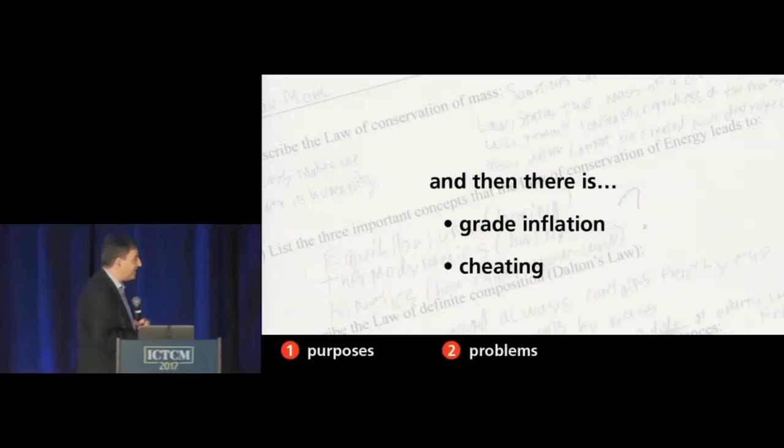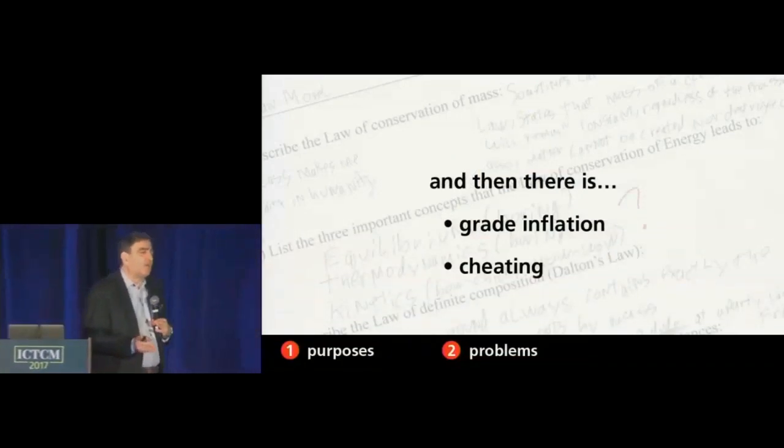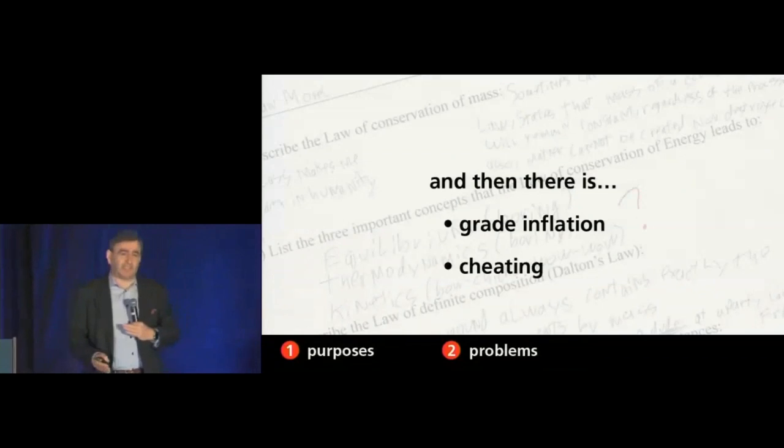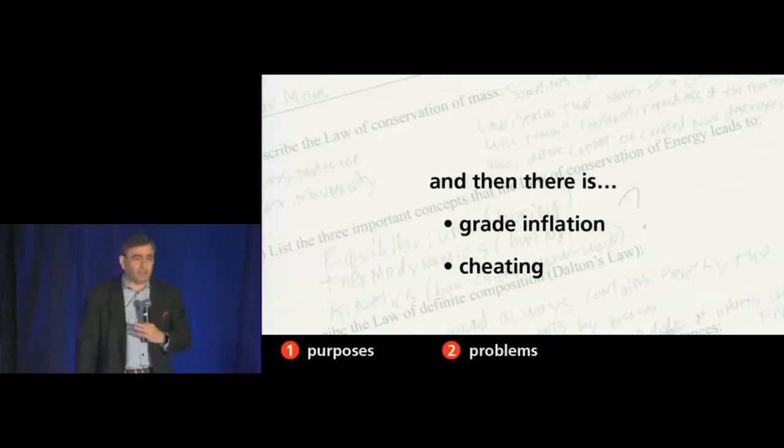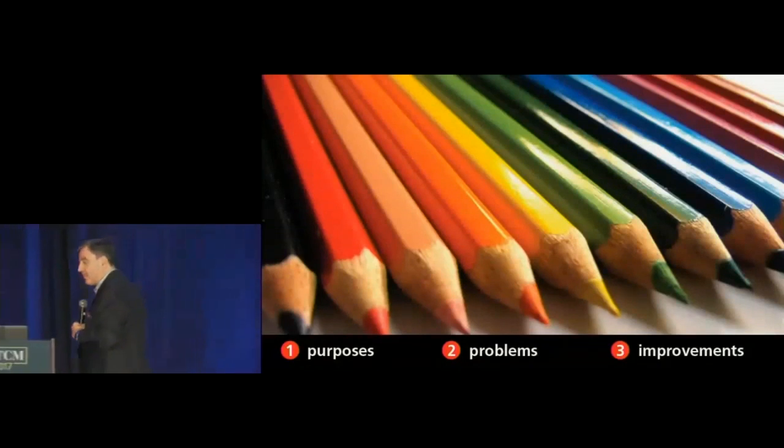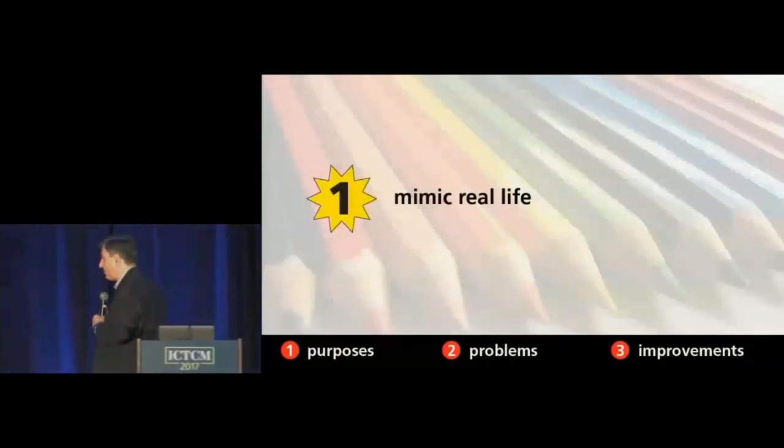And then there are other things like grade inflation, cheating. I mean, why would a learner be cheating? Have you ever seen a young child learning to tie his or her shoelaces cheat? No, of course not. You want to learn it, you do it. In fact, we kill this intrinsic desire to learn by our assessment procedures. Anyway, I have only a few minutes left, so let me quickly run you through a couple of potential improvements.